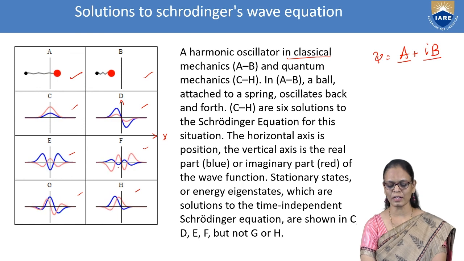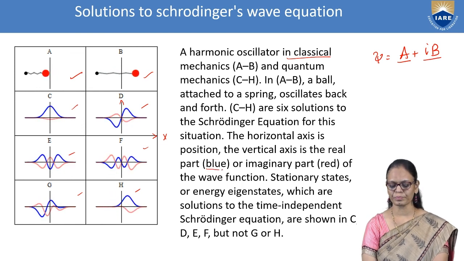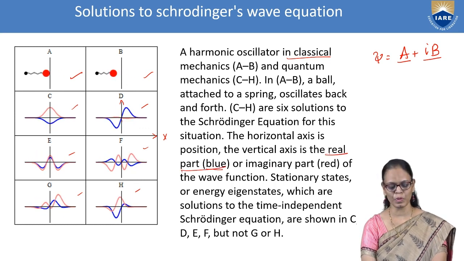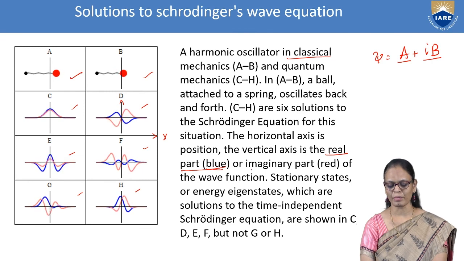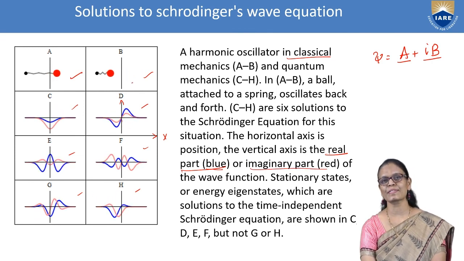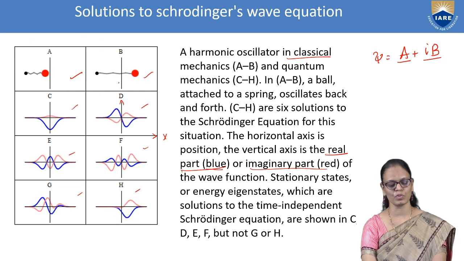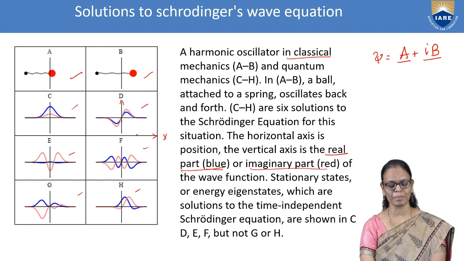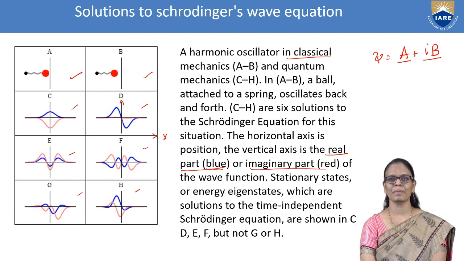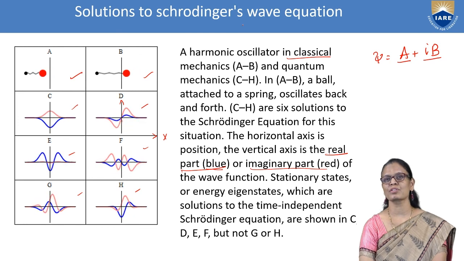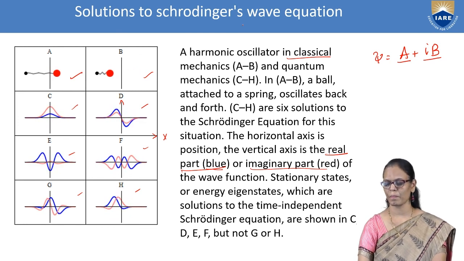So on the vertical axis, the real part is denoted by the blue wave and the imaginary part by the red wave. Whatever we have seen in classical mechanics, the motion of the particle, is represented in quantum mechanics with the help of the solutions given by the Schrodinger wave equation.